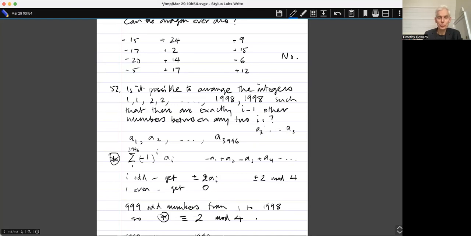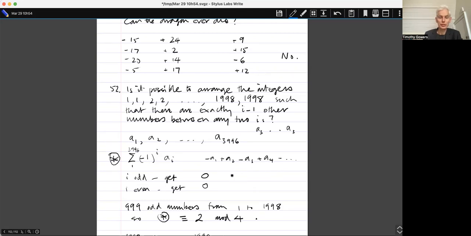So the odd one contributes 0, and the even contributes 0 as well, because we have, say, A4, an odd number of numbers in between, and A4. So I either get A4 plus A4, or I get minus A4 minus A4. Either way, it'll contribute 0 mod 4.